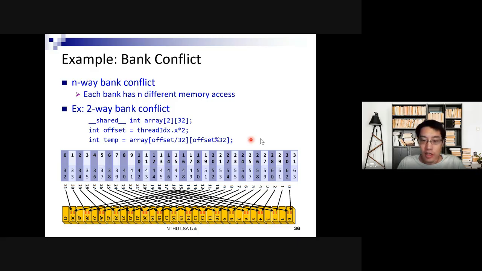So you can, of course, go back and think about it as a practice. And for your homework, you also need to check your memory access pattern to make sure there's no bank conflict. If there is, you need to think about how to maybe reorder the data pointer of each thread, or rearrange your array on the shared memory in order to avoid bank conflict.